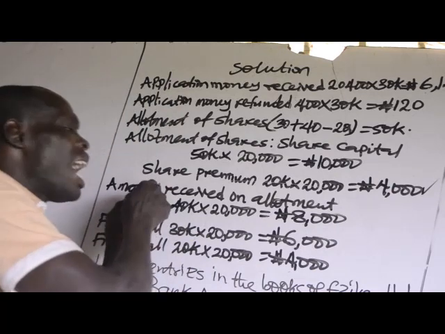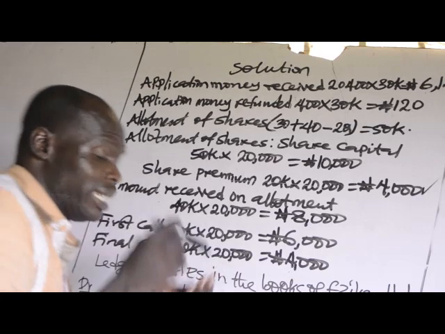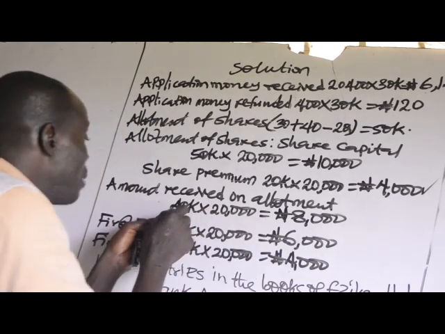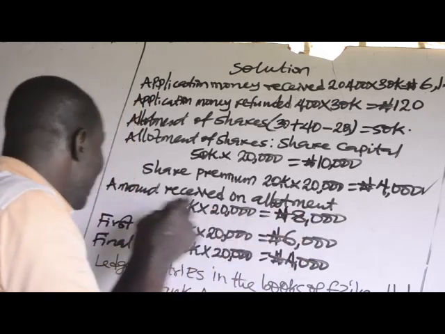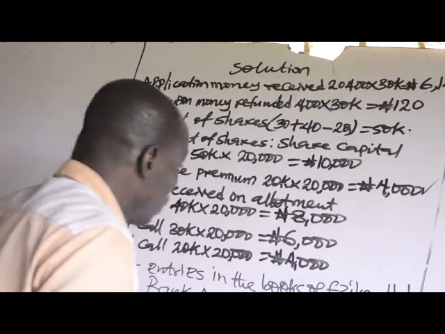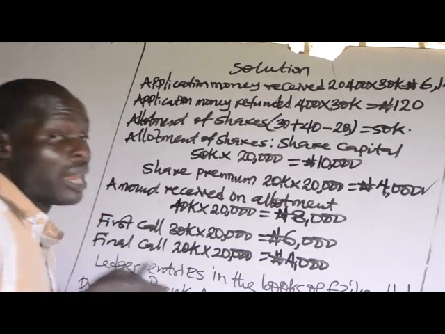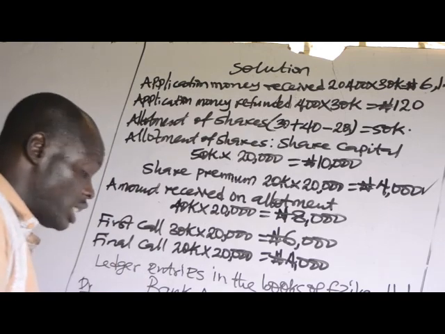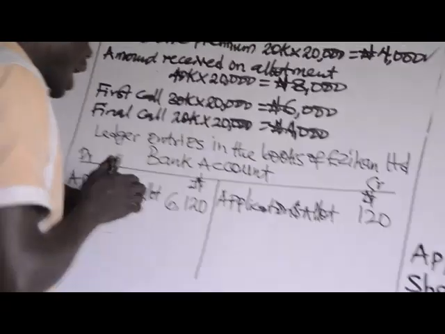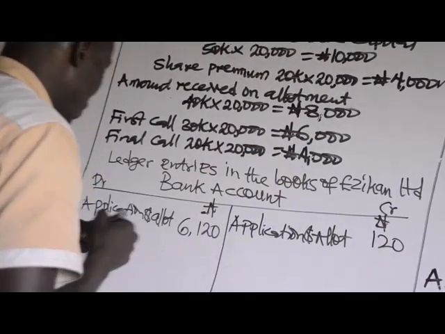Then, a certain amount of money was received on allotment. The sum of 8,000 naira was received on allotment. With the amount received on allotment, you are going to debit the bank. The company is receiving money upon allotment of shares. So they are going to debit the bank account and credit the application and allotment account with the sum of 8,000 naira.